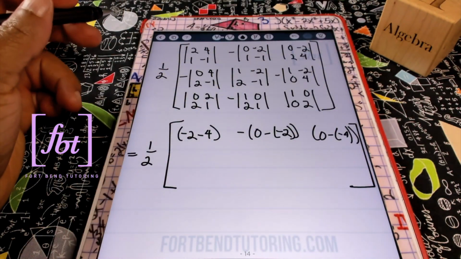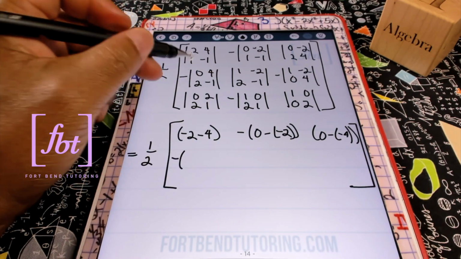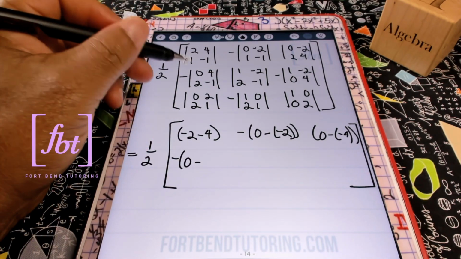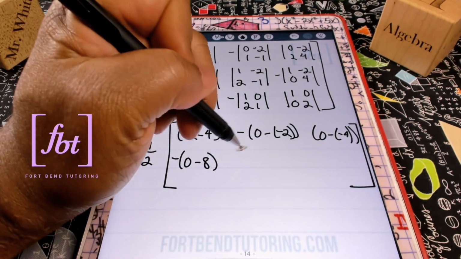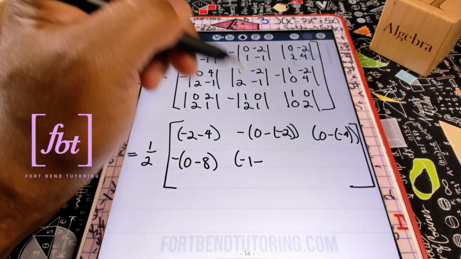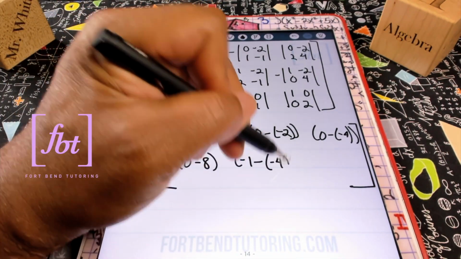All right, just like that. In row 2, you'll have the opposite of 0 times -1 is 0, minus 2 times 4 is 8. Then you'll have 1 times -1 is -1, minus 2 times -2 is -4.